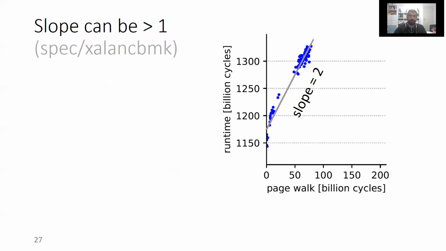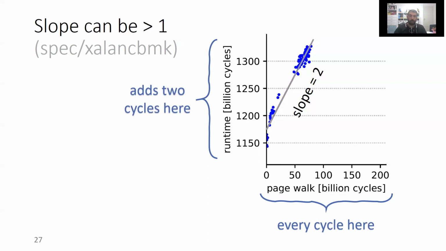Another interesting observation is that the slope can be greater than 1 when using the table walk cycles as the TLB metric. For instance, this example shows that the Zalan benchmark has a slope of roughly 2. This result is surprising, because it means that every cycle spent on walking the page table adds 2 cycles to the overall runtime. How can this be?